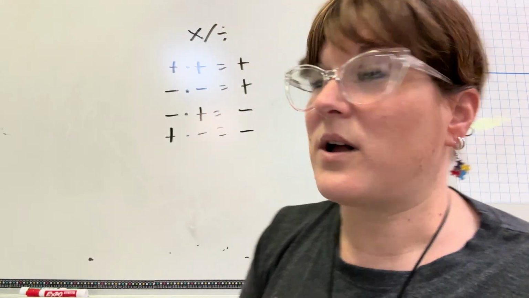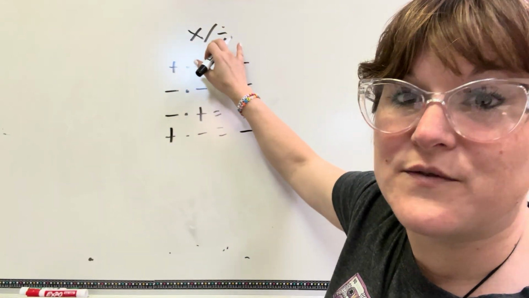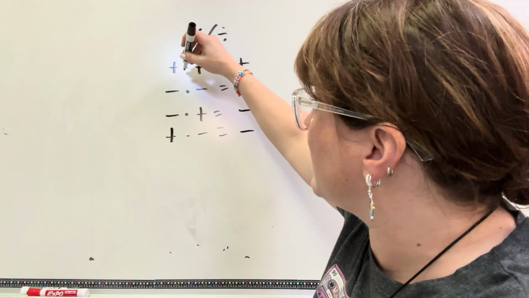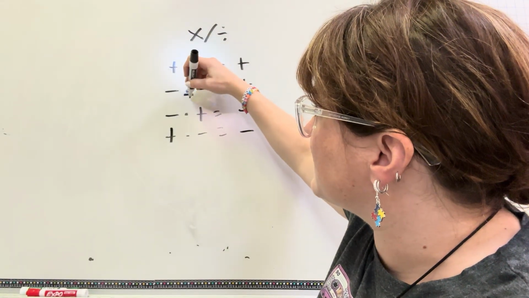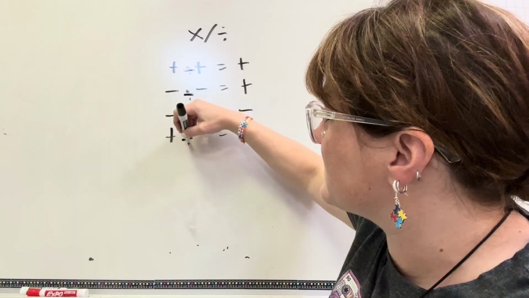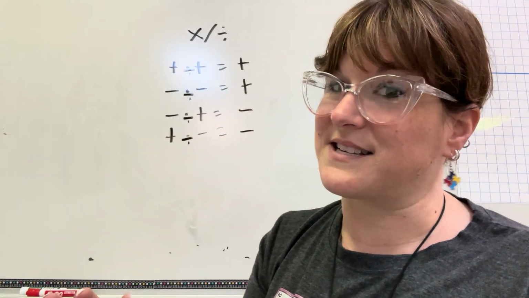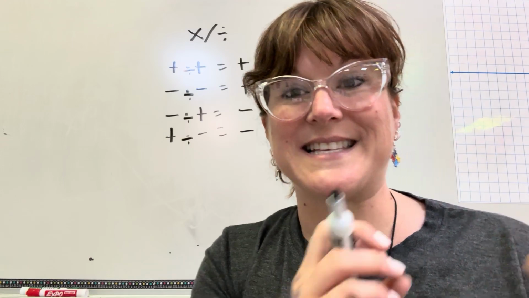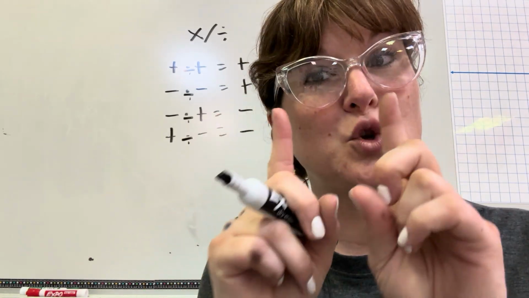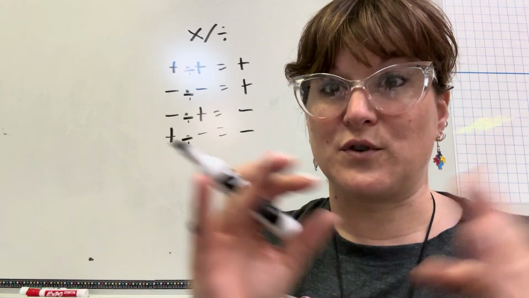That is how multiplying or division works. So I can change that to be a division sign, and it's going to be the same rules. If they're the same, they're positive. If they're different, it's negative. And that's when you're looking at two numbers, not if there's three numbers.